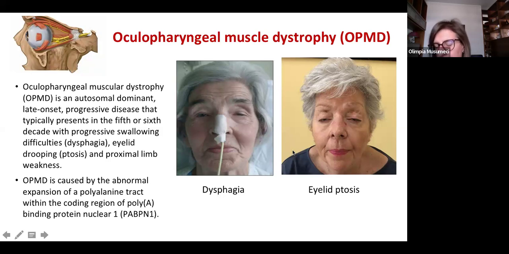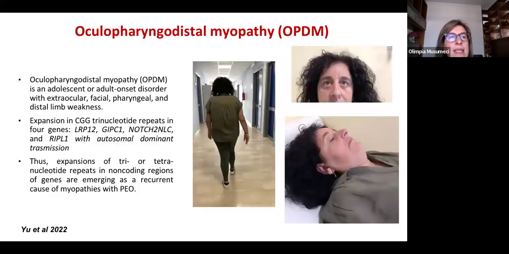A relatively new condition that is similar to oculopharyngeal muscular dystrophy is named oculopharyngodistal myopathy.